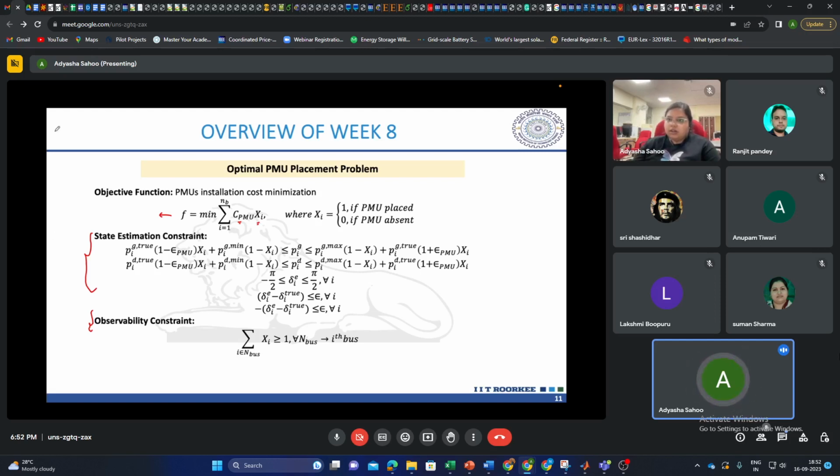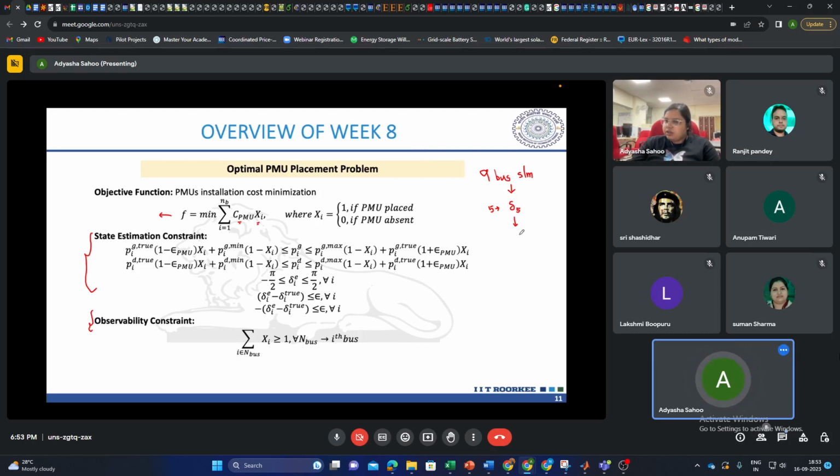So basically, let's say we have a 9 bus system. What we are trying to do is find the locations of the PMUs for these 9 buses, such that if the PMU is present at, let's say, bus 5, then what measurements will we have? Considering that we are using the DC solutions, we will have delta 5. The objective is, using this delta 5, the whole system should be observable.